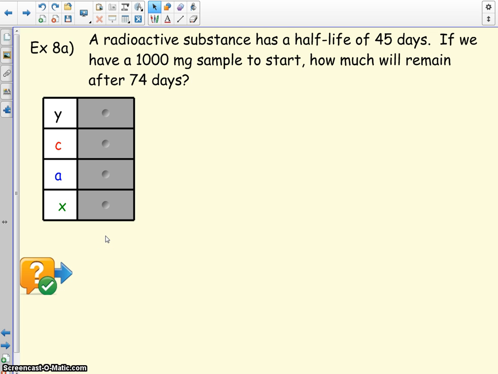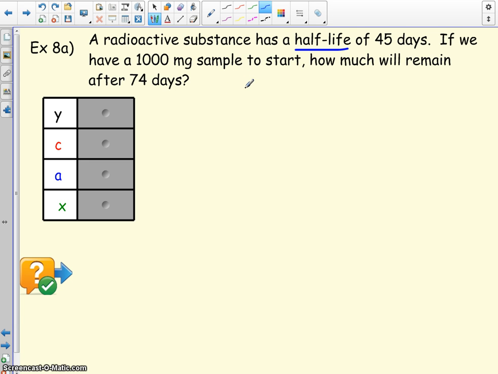If you've ever done chemistry before, you may have heard of the term half-life. Essentially, any kind of radioactive substance has a half-life, and that means it's the amount of time in which the substance naturally decays to half of its original amount. So if we're saying that this random radioactive substance has a half-life of 45 days, and we start off with 1,000 milligrams, after 45 days it will decay.